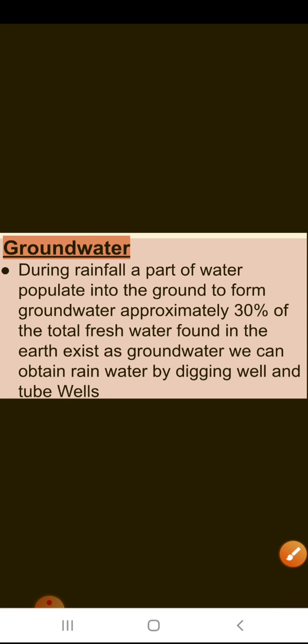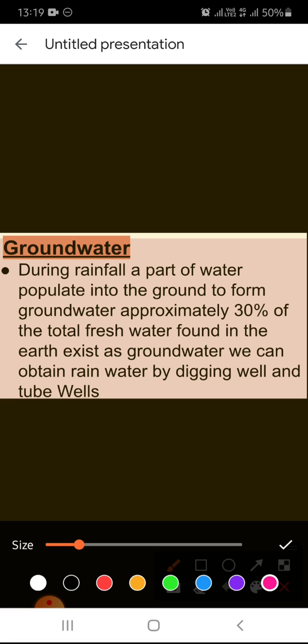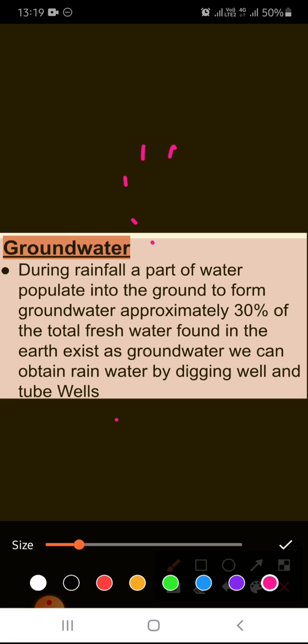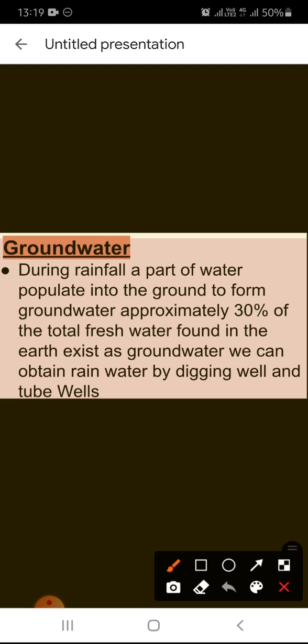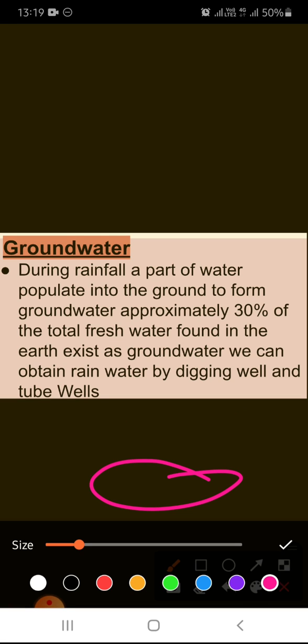The second source of water is groundwater. As we all know, during rainfall a part of the rainwater percolates, means seeps down. The part of the water that comes from the clouds goes down into the ground to form groundwater. The water that remains under the ground is known as groundwater.